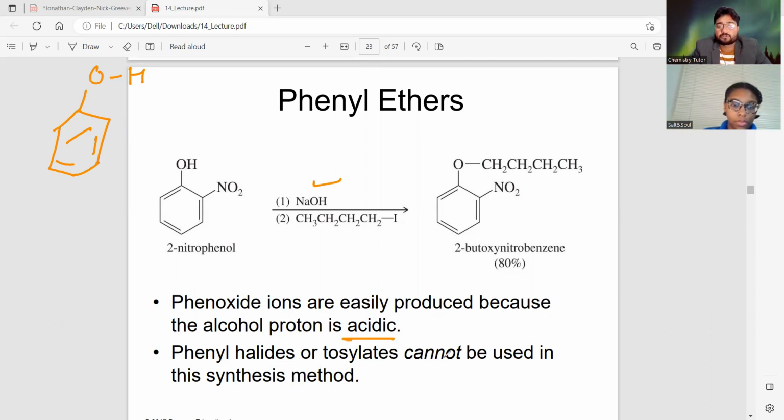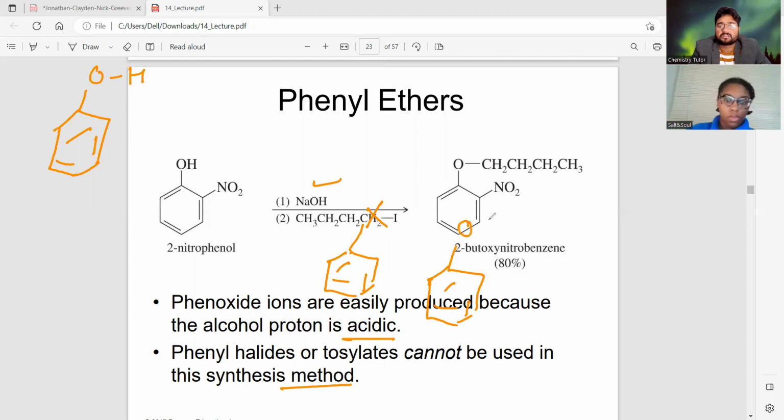Phenyl halides or tosylates can't be used in this synthesis method. In the second step, you can't use a phenyl halide, and you can't use phenyl tosylate as well, benzene attached with OTs. Why? Because this alkoxide cannot attack this sp2 hybridized carbon.